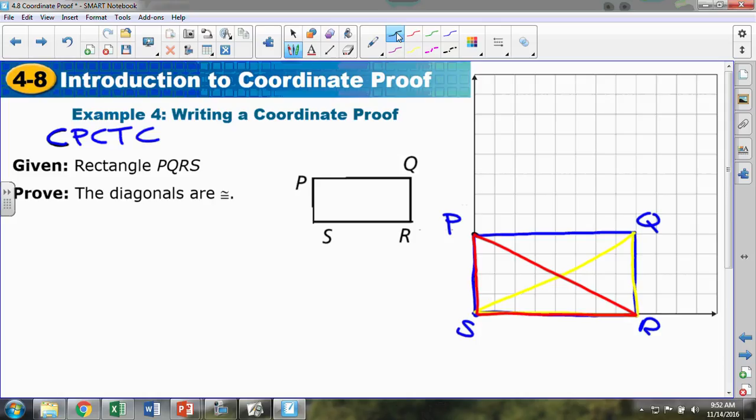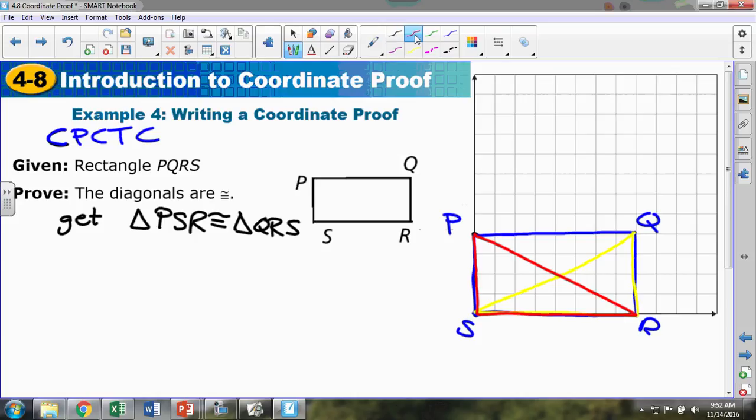If we are able to get triangle PSR, that's the red one, actually congruent to triangle QRS, the yellow one, then those matching diagonals, those corresponding diagonals, will be congruent. So why is it then that the red triangle and the yellow triangle are congruent?